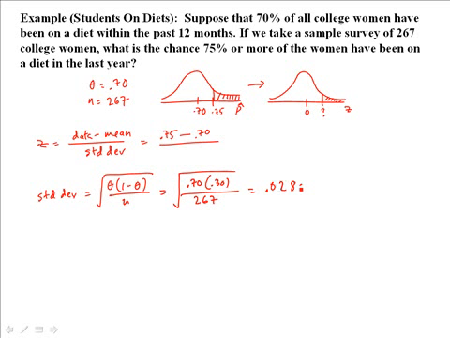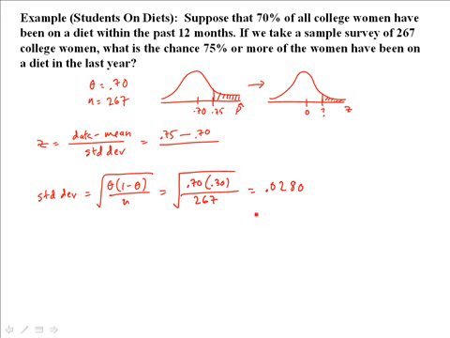Okay, so I get 0.0280, and it's good to carry about 4 decimal places when you're working with proportions, because if you're working with proportions, you're working with percents. So you want to make sure that you don't round off to 2 decimal places, because that will lose some accuracy. So carry 4 and then round at the very end is probably a good idea.